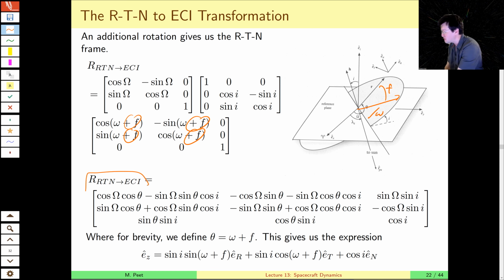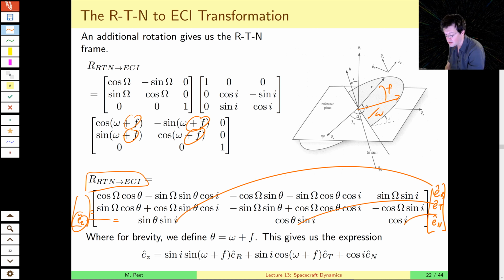Right, so we get these coordinates, and so we just write down E hat Z equals that, times E hat R, E hat T, E hat N. And so we just find this term, it's equal to this times that, this times that, and that times that. And so we have a nice expression here for the E hat Z coordinates, which were originally in ECI, now in this RTN coordinate system.